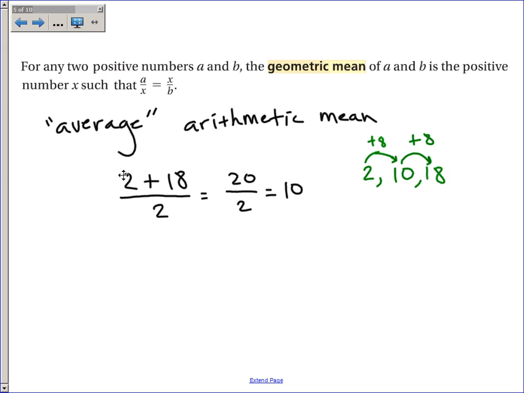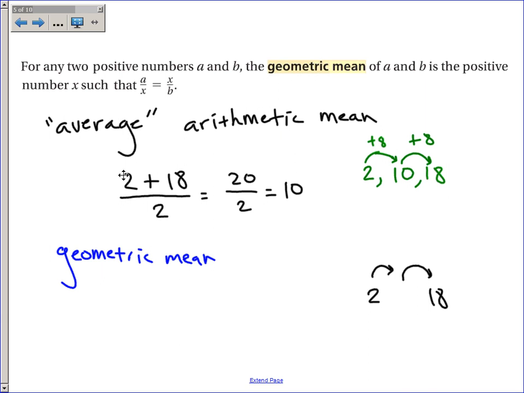Now, that leads us into the geometric mean. Because in terms of a sequence, and I'll just find the geometric mean of 2 and 18 to show you how it's different, I will be multiplying by some number, and then multiplying by that same number and getting 18. Okay, now it's really hard to think about that as far as what it might be.